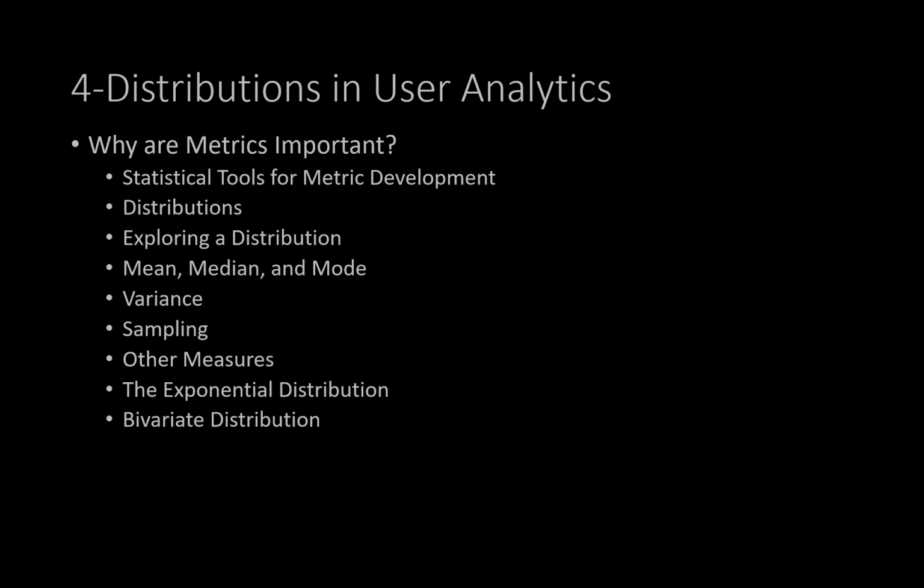In comparison, a metric is an aggregated measure of the distribution. It's a single value that informs about the distribution.